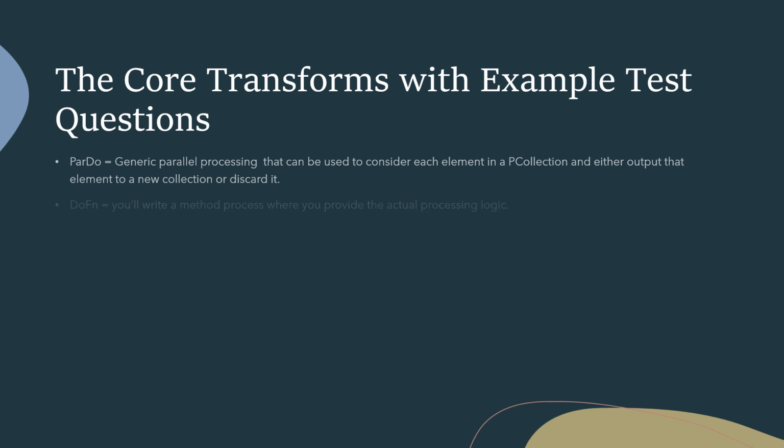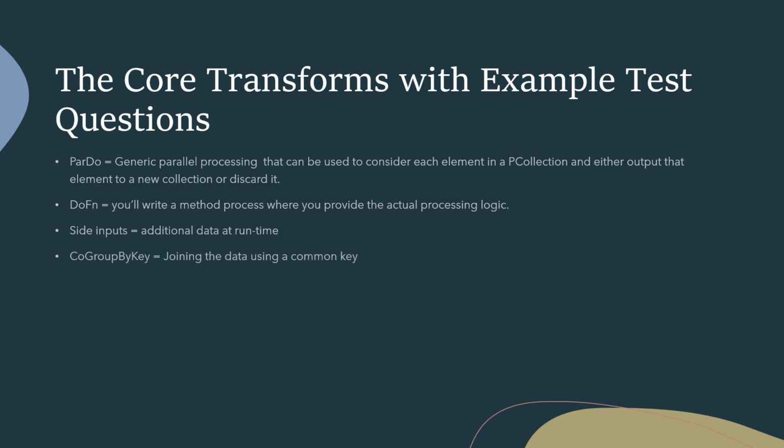We looked at the DoFn, or the user-defined function. You'll write a method process where you provide the actual processing logic. We looked at side inputs, which require additional data at runtime. We looked at the CoGroupByKey, which is joining the data using a common key. And we also looked at the flatten transform, which is merging the same type of data.